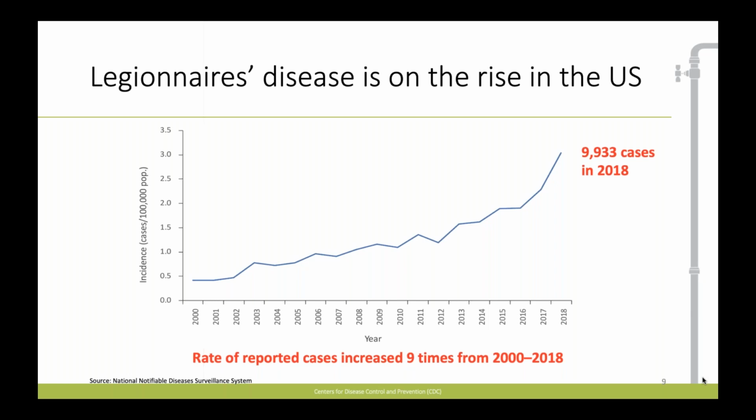We get the question a lot of why the number of cases has been increasing so rapidly, and we think that it's almost certainly multifactorial. It could have something to do with more knowledge of Legionnaire's disease among diagnosing physicians, which results in more appropriate testing being conducted. It could have something to do with temperatures warming across the United States, so periods where the water is warm enough to sustain the bacteria cover a larger percentage of the calendar.